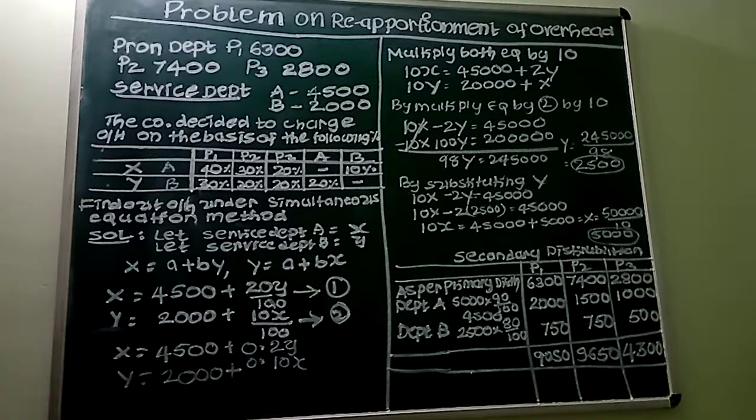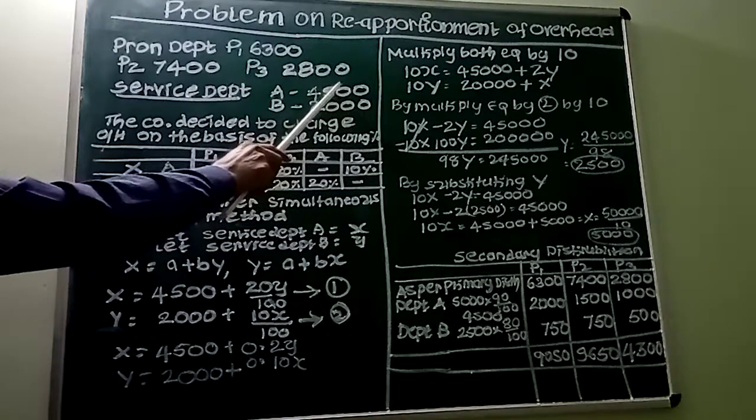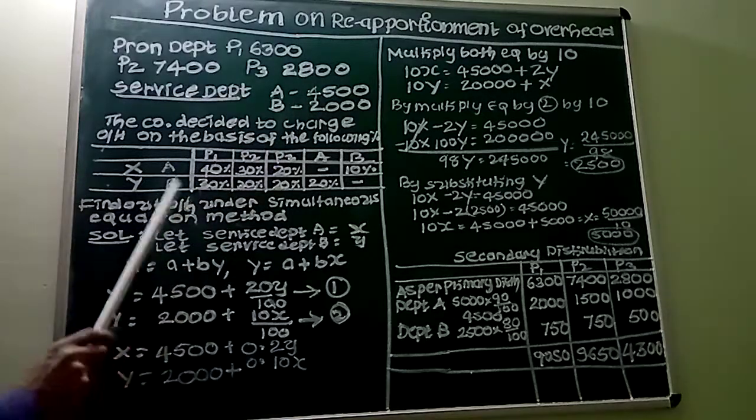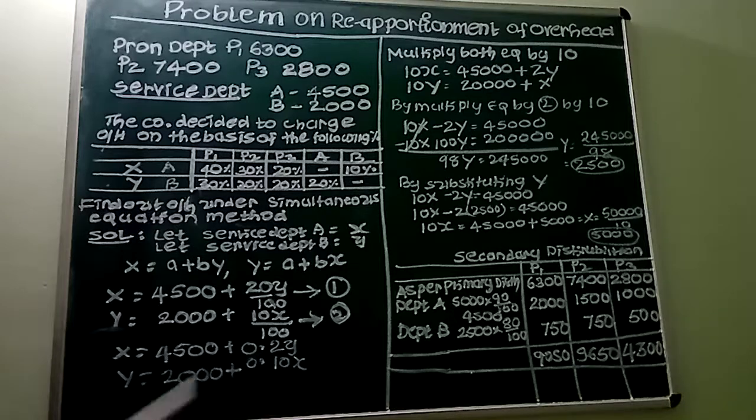See here, first we have to go to the service department X, which is actually A. A is already 4500 rupees. It is already given here. 4500 we have to take, plus what is the share of service department B in the overheads? That's very important to be taken into consideration.